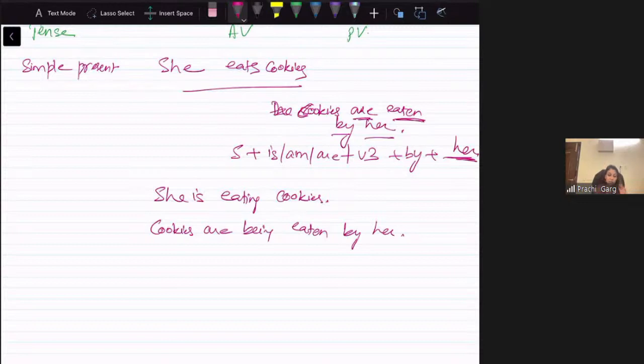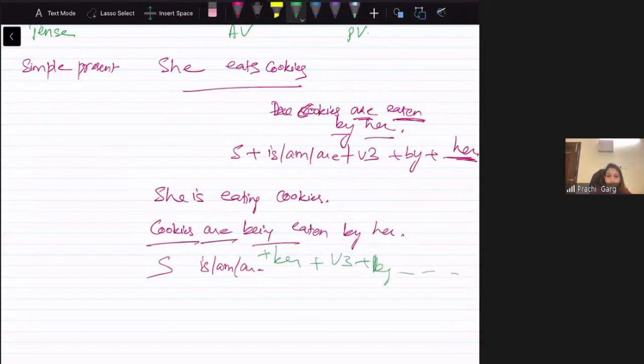When you are changing present continuous from active voice to passive voice, you have subject, then you use is, am, are, then you use being, then you use V3, and then we use by, and then the rest follows. Clear? I will be just finishing present tense today, and then I will be continuing on Tuesday for past tense and future tense, and for the rest of the passive voice.